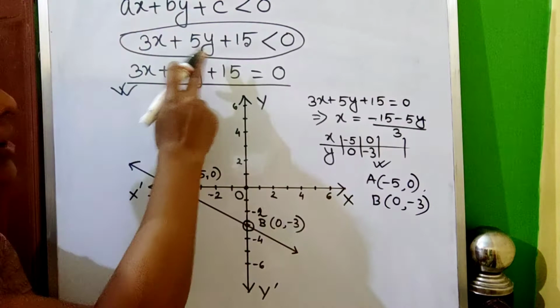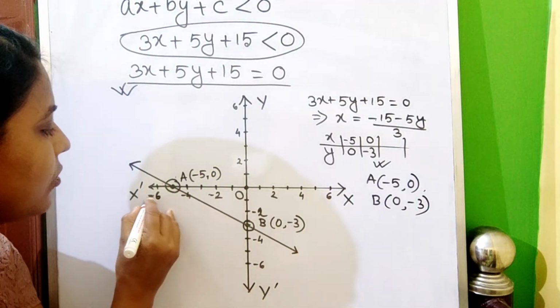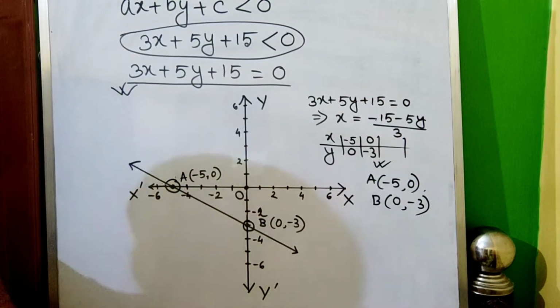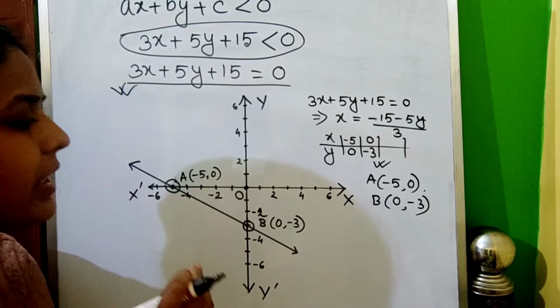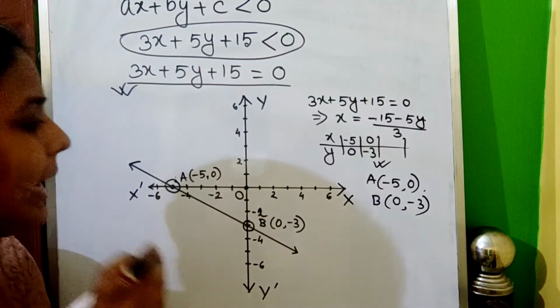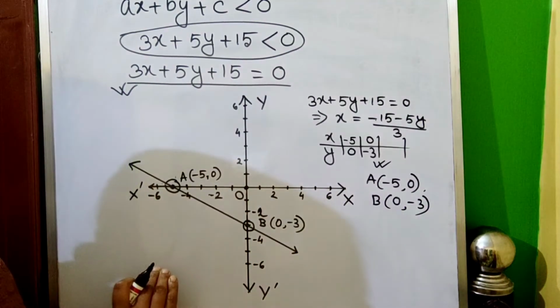When we have an inequation and we have already drawn the graph of the equation regarding this, we will fix any point either this side or this side of the line.